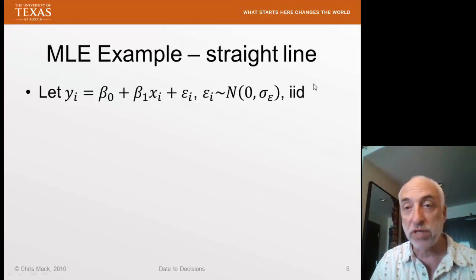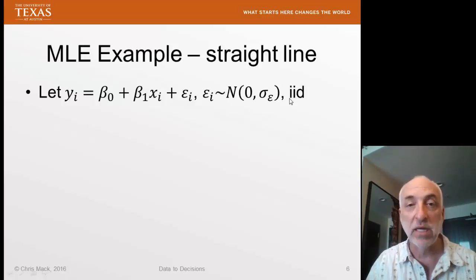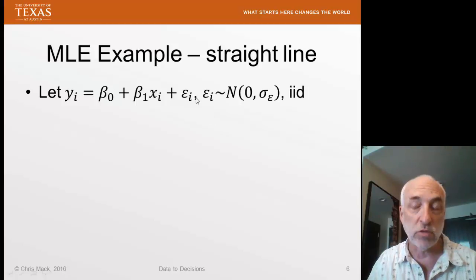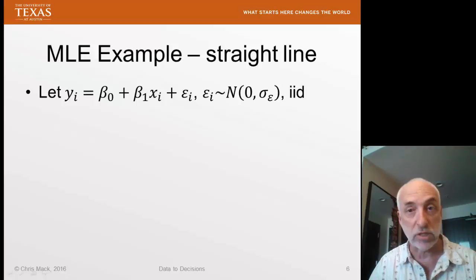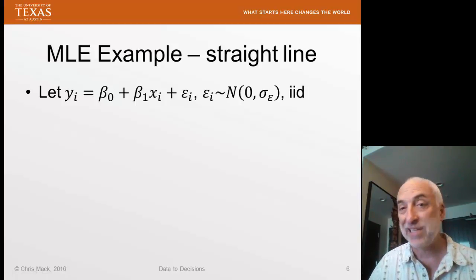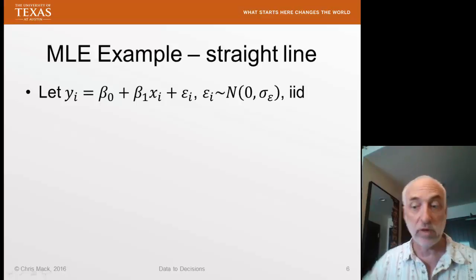We call this assumption IID, independent and identically distributed. Independent means each value of y_i is independent of all the other values of y_i. Each value of the residual epsilon sub i is completely independent of all the other residuals. They're not correlated at all. And they're identically distributed, this normal distribution, with a fixed or constant standard deviation or variance.